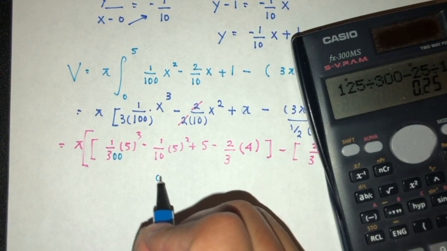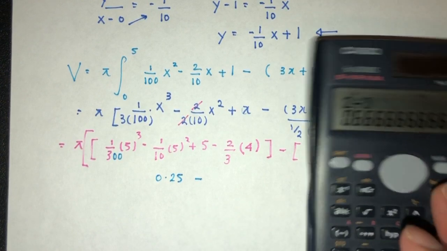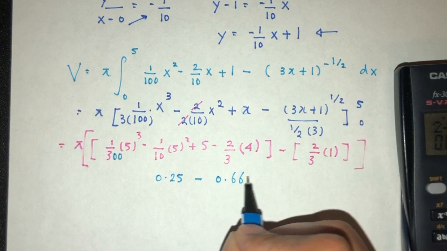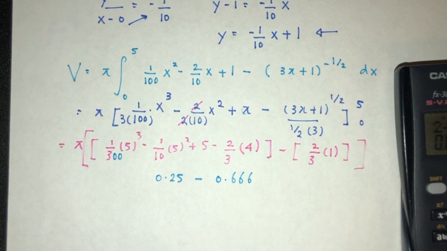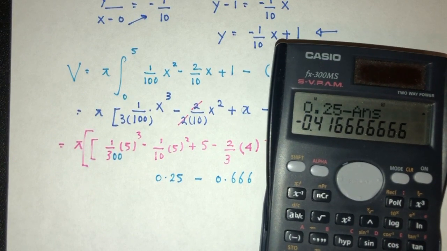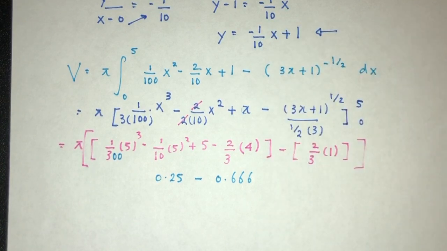That should be 0.25. Now minus 2 divided by 3, 0.666. Okay, let's see what do we have. It should not be negative. So in this case, it's not correct. Let me try again. So where am I making a mistake here?